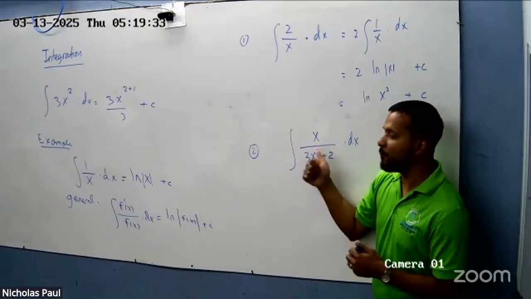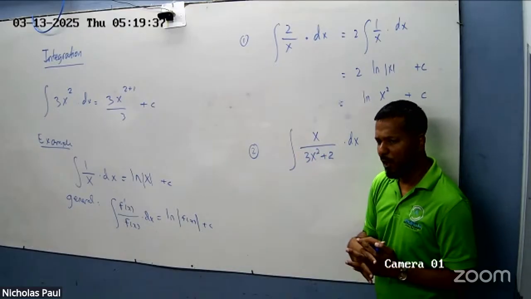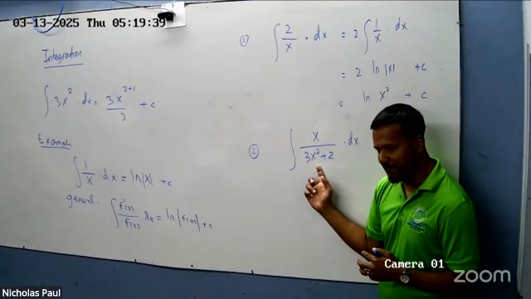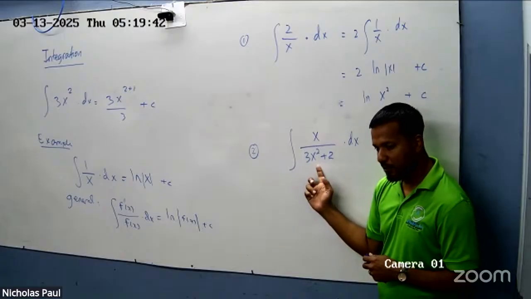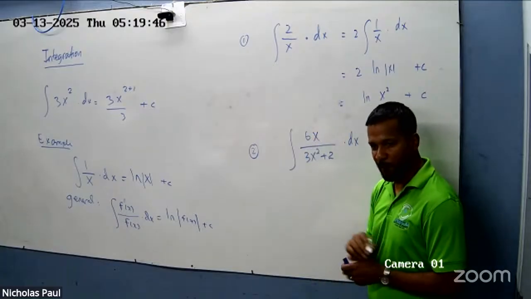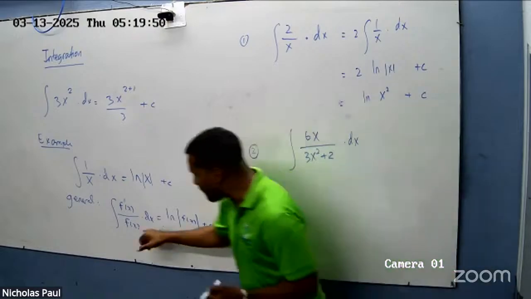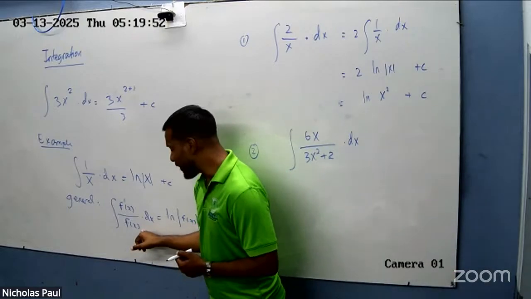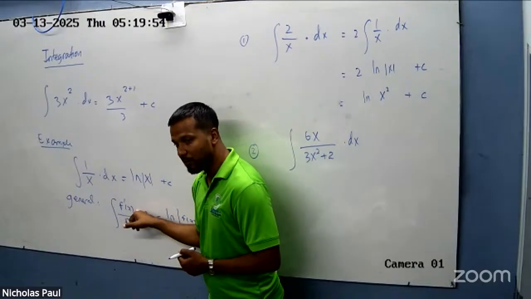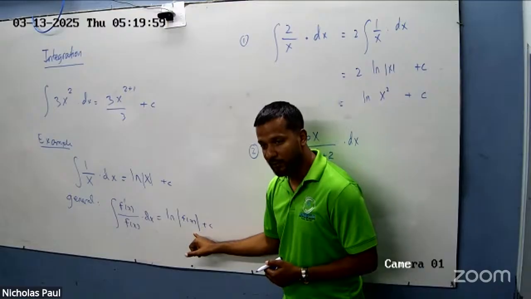If I wanted to make this easy, the numerator should be what? What's the differential of this? 6x, right? So if the numerator was 6x, we know what the answer is. If the numerator is the differential of the denominator, then it's just simply ln of the denominator.